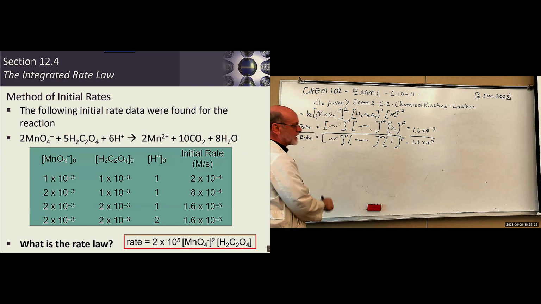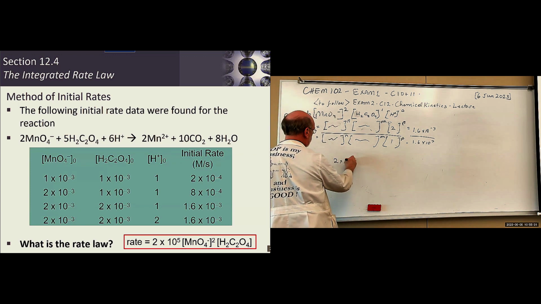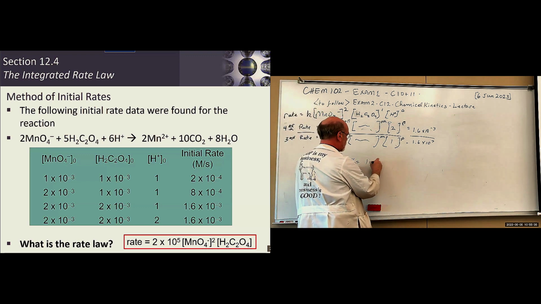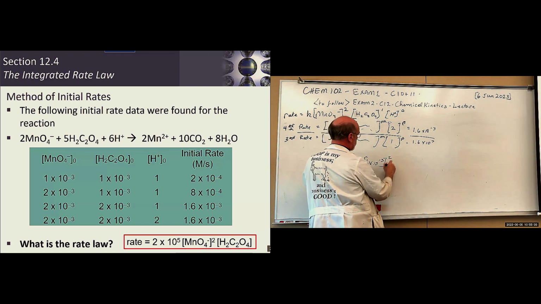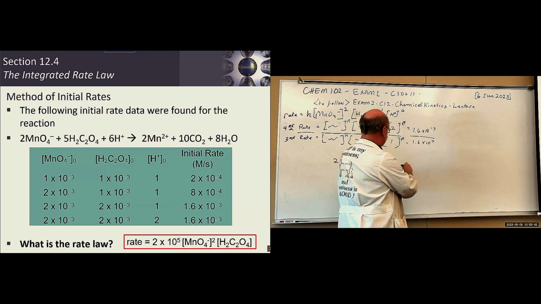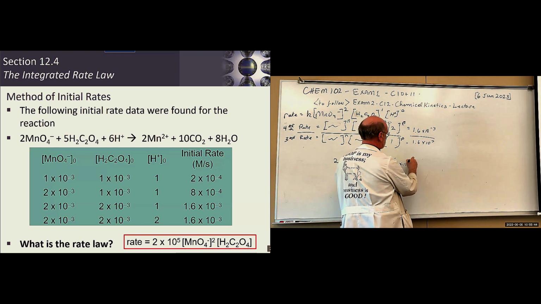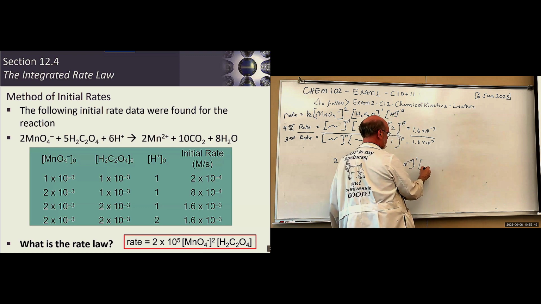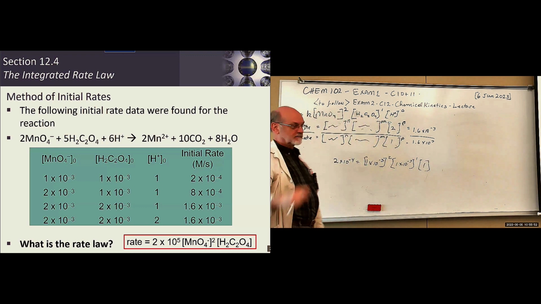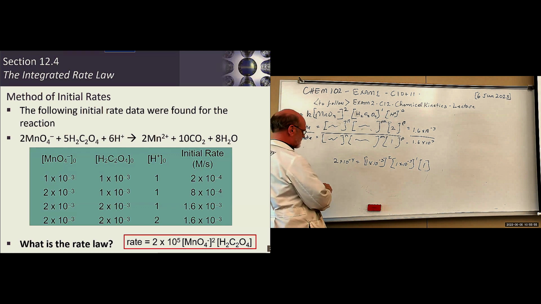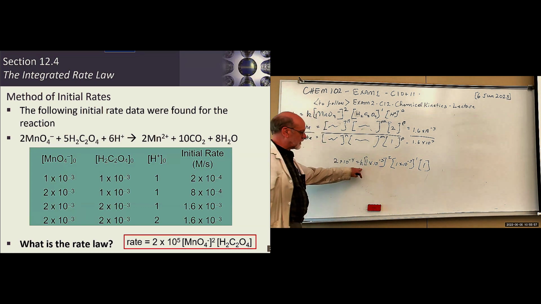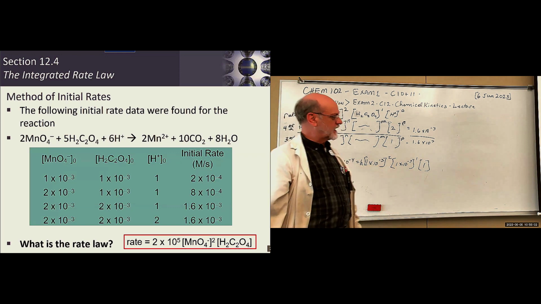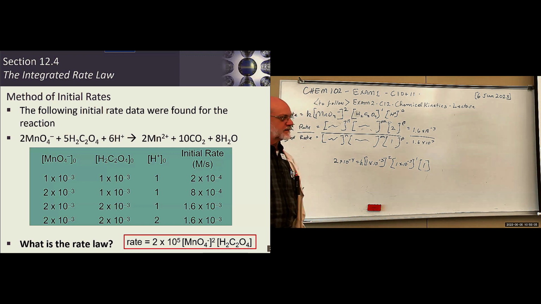The rate is 2 times 10 to the minus 4, and that's equal to 1 times 10 to the minus 3 squared, and 1 times 10 to the minus 3 to the first power. And this one's to the 0 power, so it's 1, and we left out the K. Solve for the K. That one times that one divided into this one gives you K. And in the interest of time, K is 2 times 10 to the 5th.